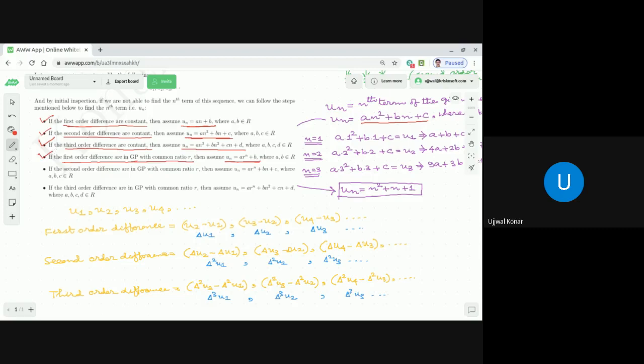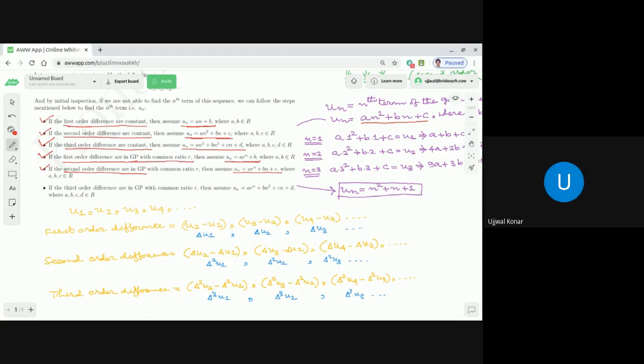If the first order differences are not in GP, then we will find the second order difference. And if the second order differences are in GP, then we will assume the nth term as a r power n plus bn plus c. Dear students, very carefully note it down: a into r power n, r is the common ratio, plus bn plus c. Got it?